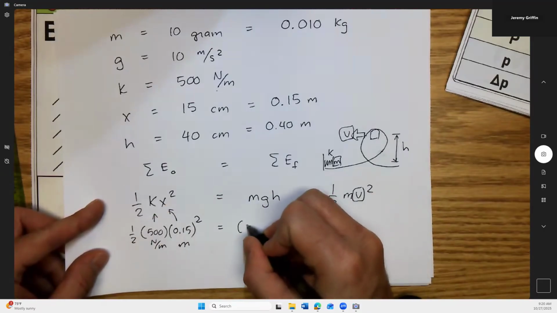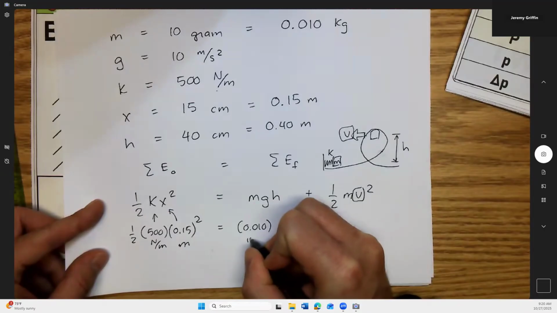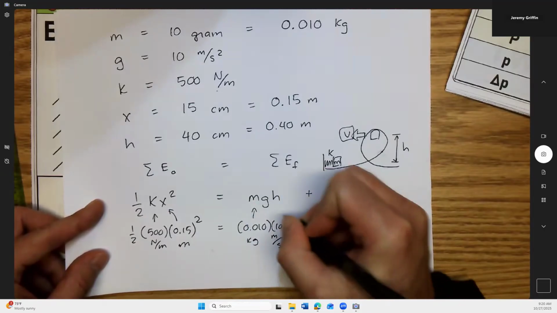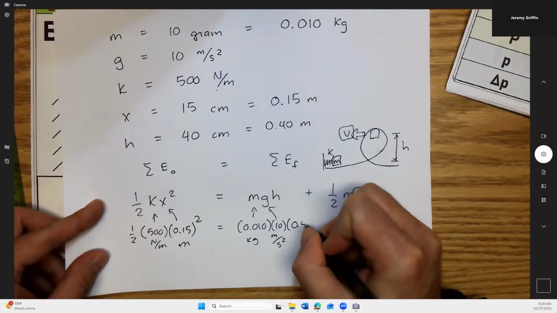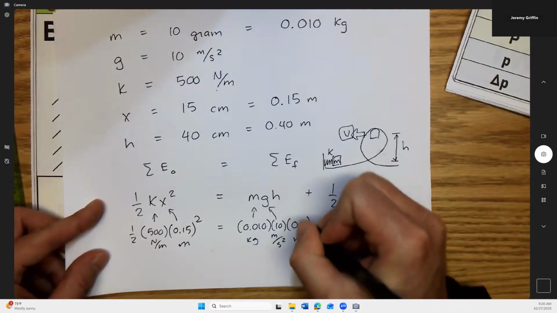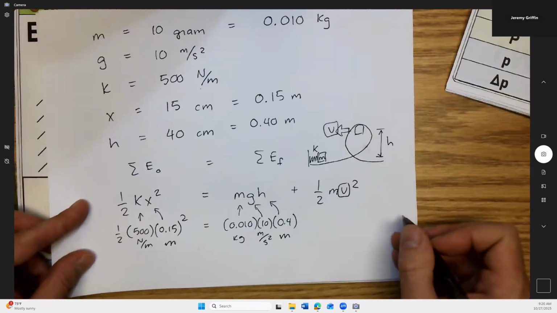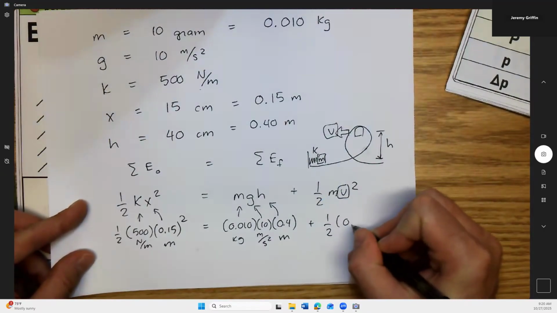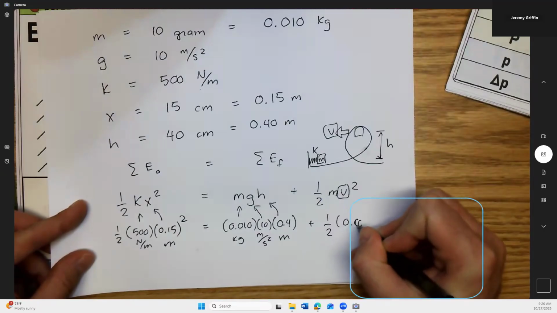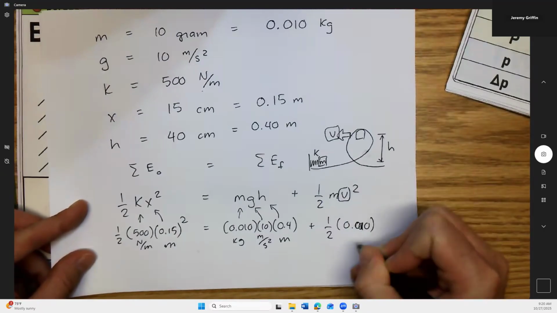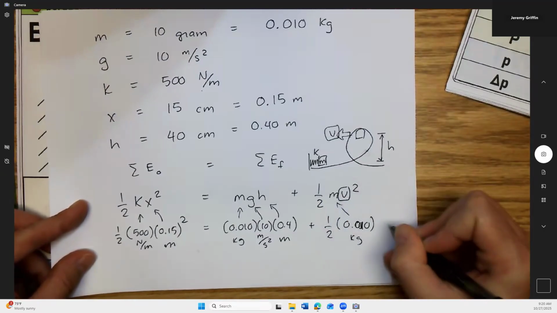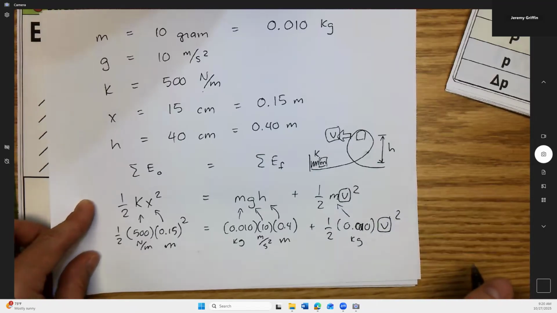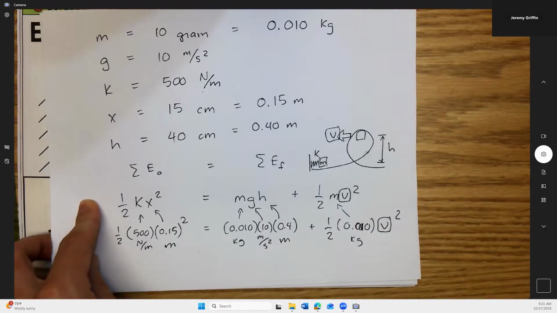So you have to plug in mass: 0.010 kilograms, 10 meters per second squared, and height of 0.4 meters that it climbs up to. Then plus 1/2 times 0.10 kilograms times the speed we're solving for, squared.